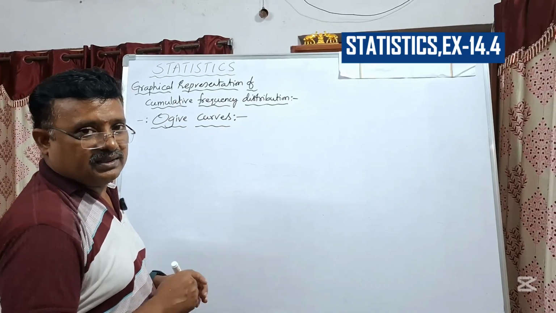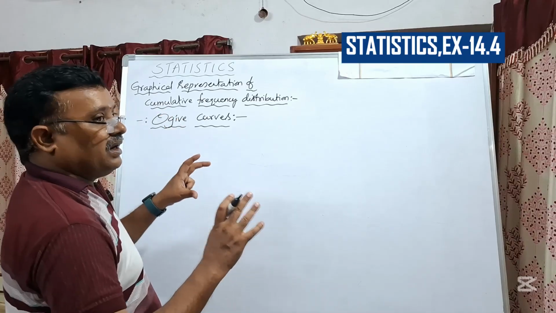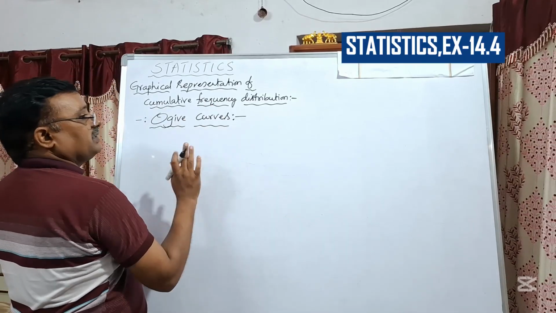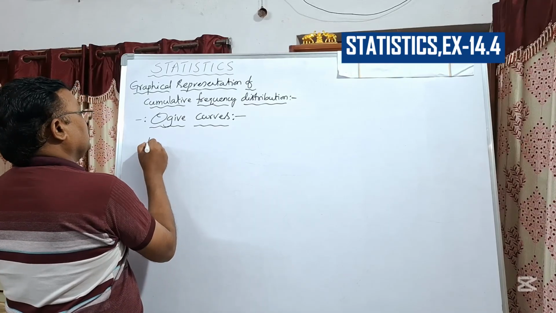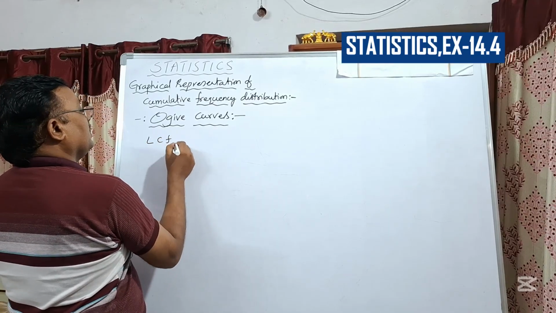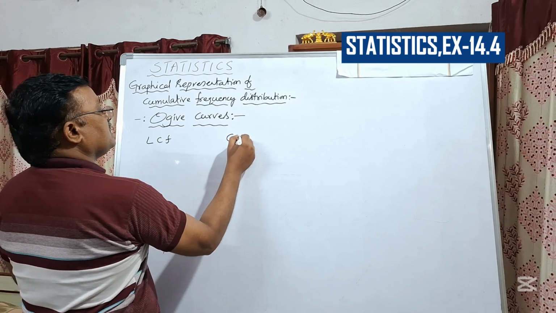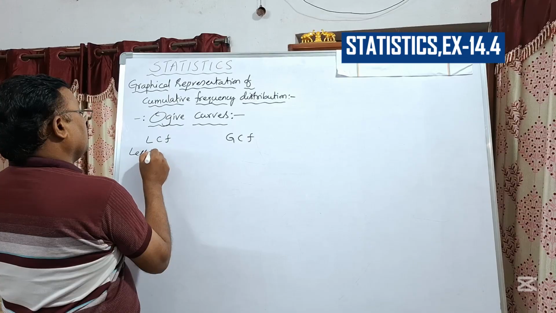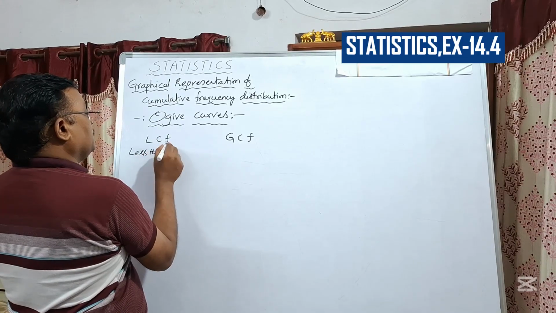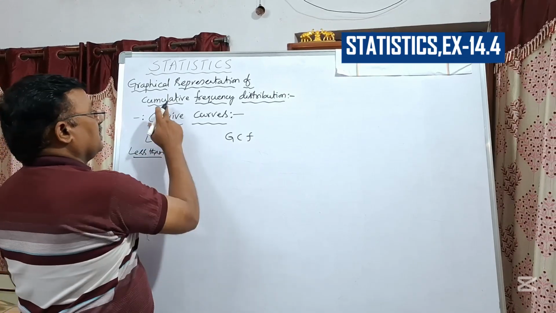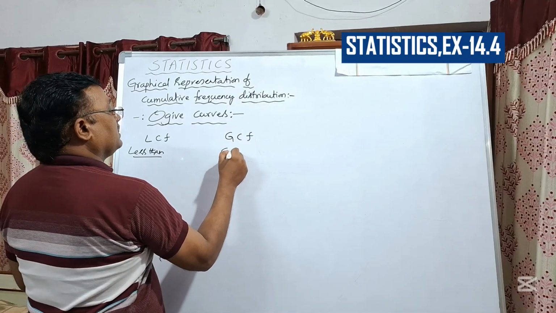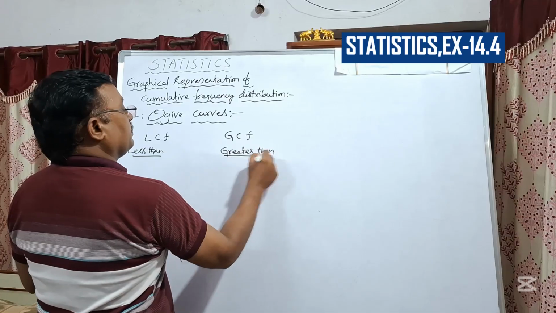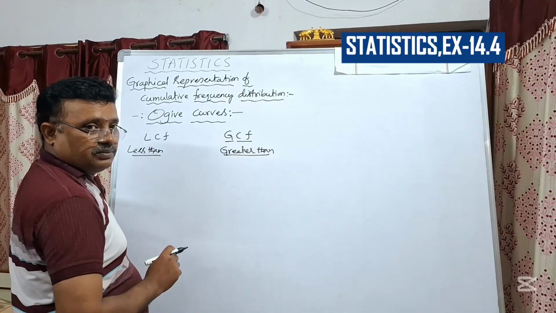According to statistics in our syllabus, cumulative frequencies are of two types for us. One is LCF, another one is GCF. That means less than type cumulative frequency, and greater than type cumulative frequency, that is GCF.